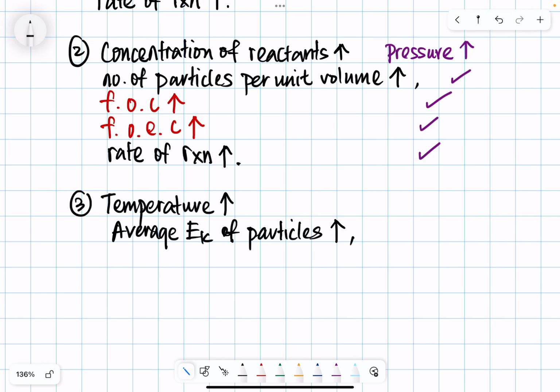When the kinetic energy increases, it means that your particles are going to move faster. When they move faster, the frequency of the collision starts to increase, and the frequency of effective collision is going to increase. Therefore, you will also have an increase in the rate of reaction.